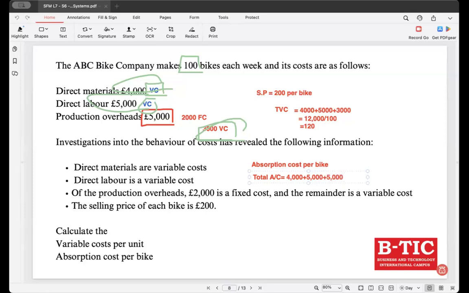All the costs are taken into consideration. Therefore, the total absorption cost will be equal to 14,000. Now, we need the absorption cost per bike, which is 14,000 divided by 100. So 140 pounds. Clear?